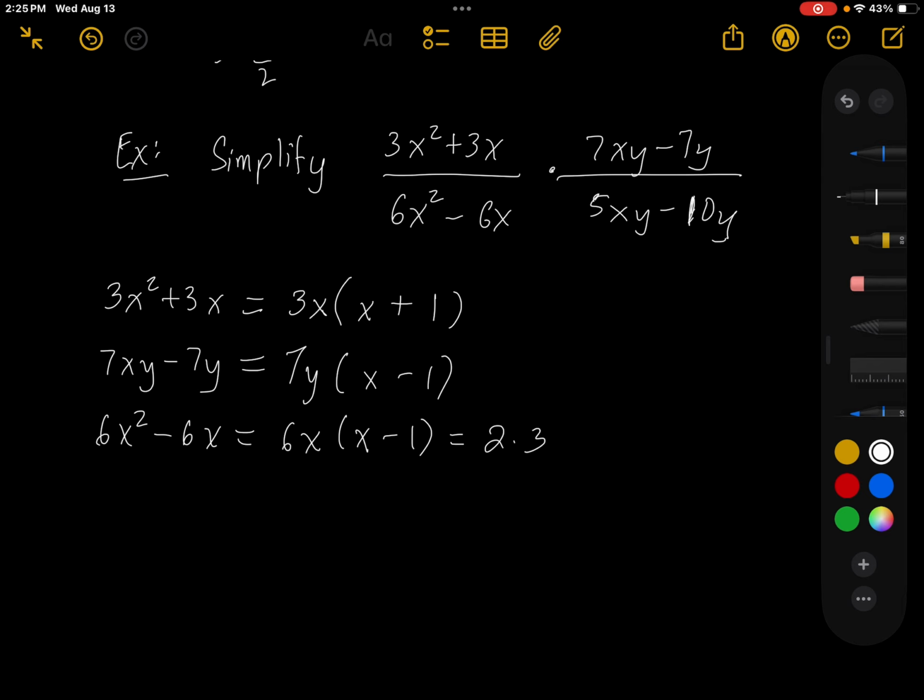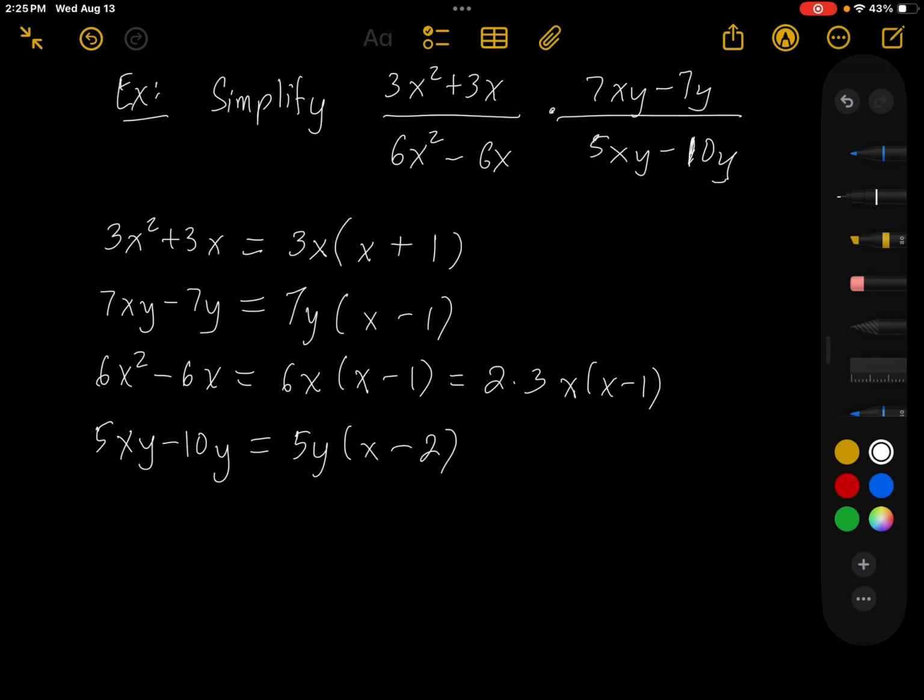So I have 2 times 3 times x minus 1. Finally, 5xy minus 10y, I can factor out a 5y. And what do I get left over? x minus 2.